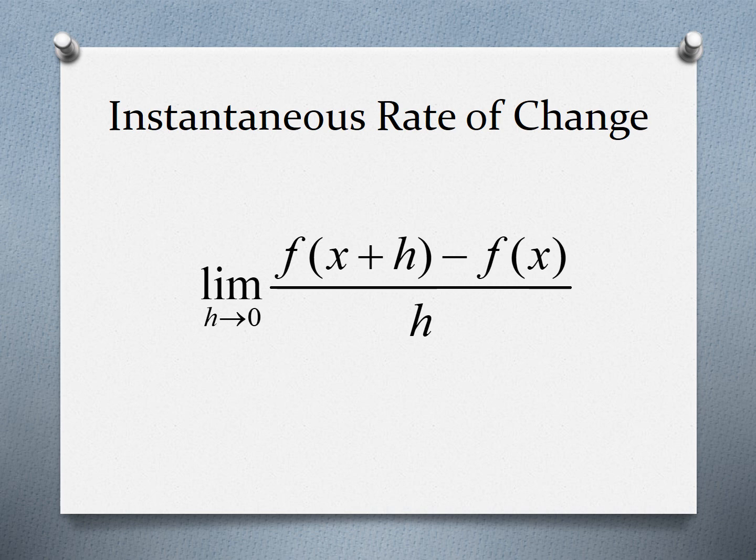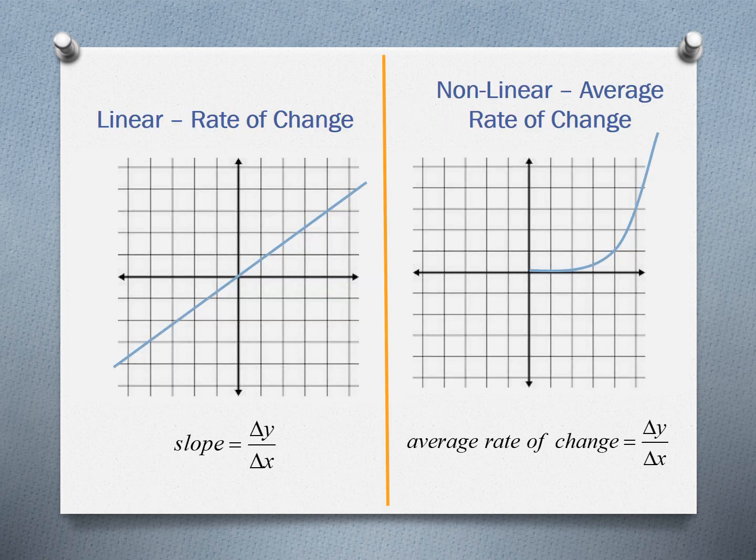This can be read as the limit as h approaches 0 of f of the quantity x plus h minus f of x, all divided by h. We talked about this in a previous lesson, but notice how on the left, if I'm looking for the rate of change of a linear function, I can look at 2 points on that line and describe the change in y over change in x.